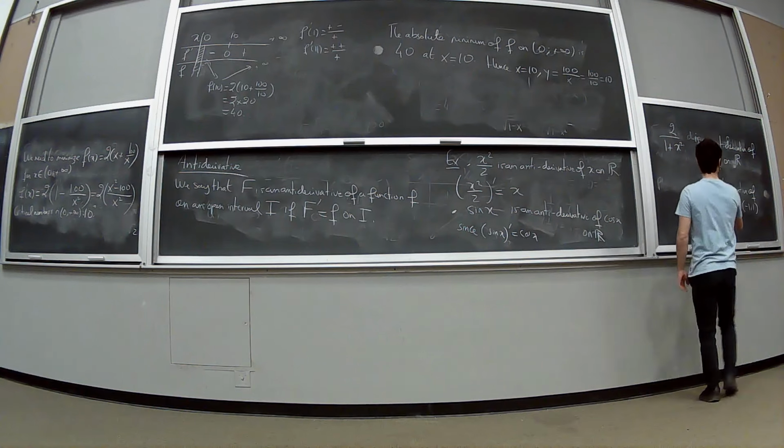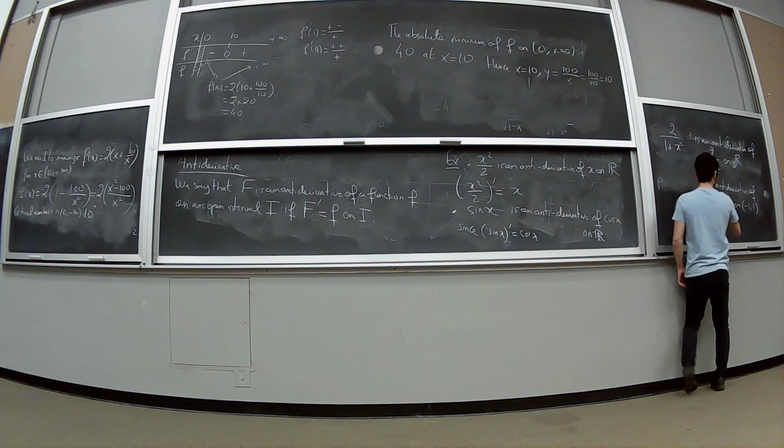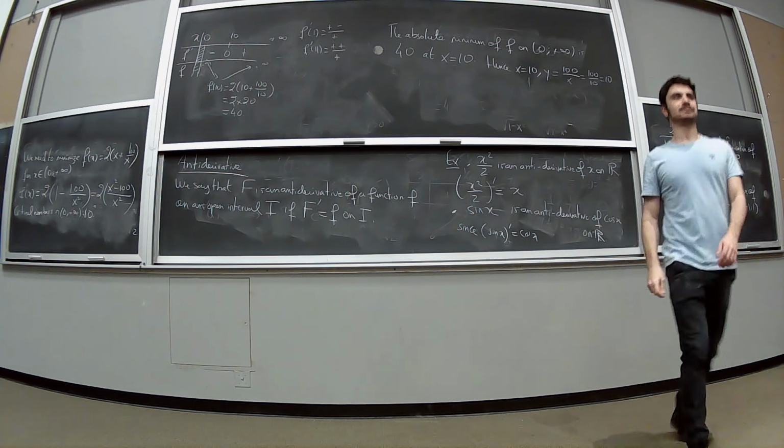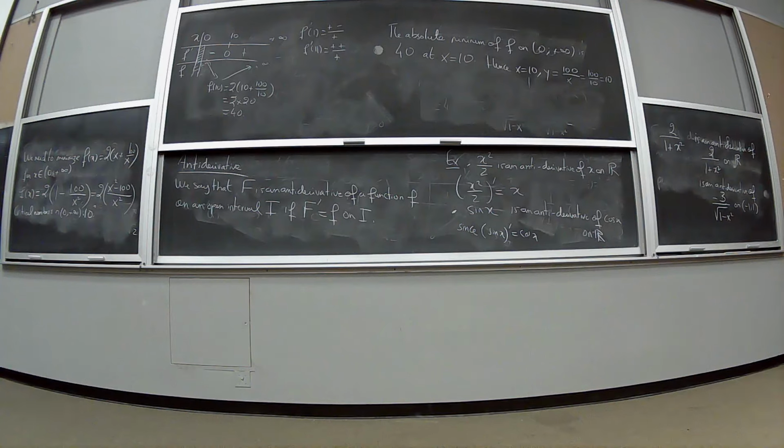Okay, spice it up a bit. Not a big deal. So I want an antiderivative of minus 3 over square root of 1 minus x squared. So I want a function, when I differentiate it, I get minus 3 over square root of 1 minus x squared. Any ideas? Please raise your hands.